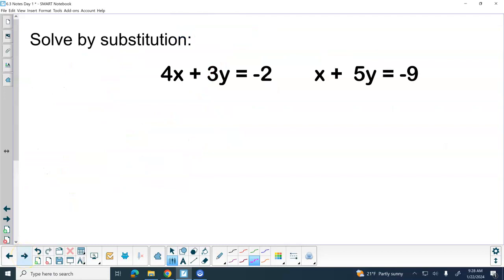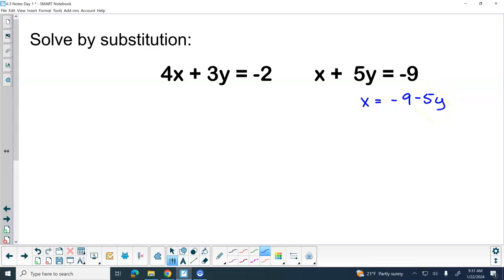Solve that system of equations using substitution. What's the smart variable to solve for? X in the right equation. Yep. So if I solve for x here, that's going to be negative 9 minus 5y.